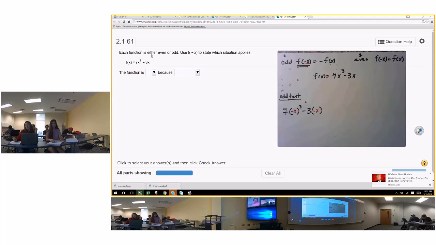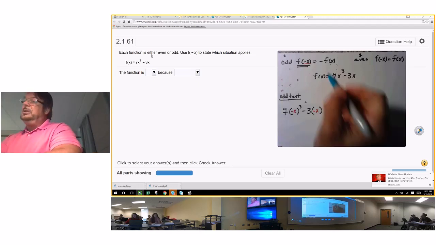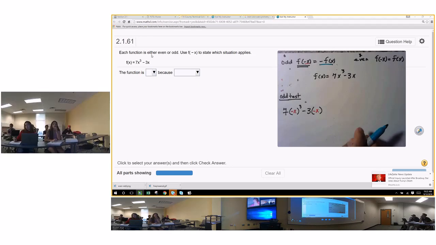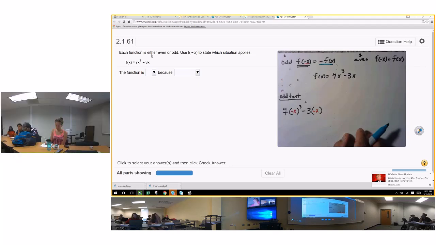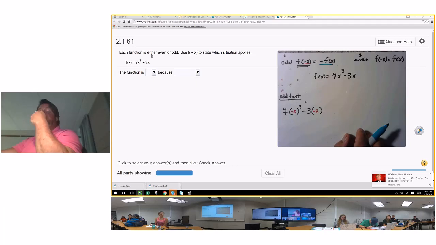Now, somebody tell me what this means. What does that mean if you have a negative in front of the function? That means you have a negative in front of the function, and you distribute a -1.